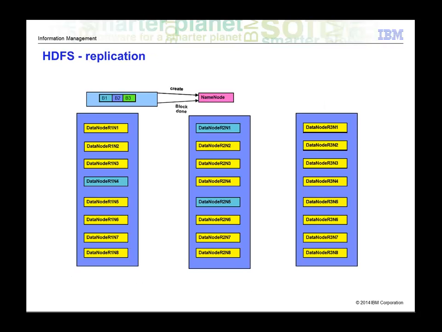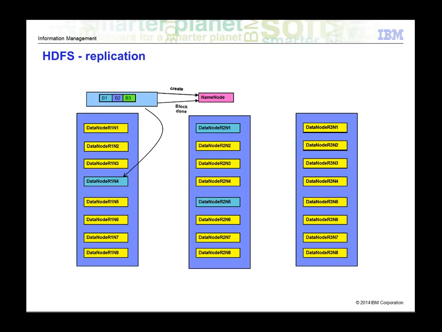Let's walk through an example of how a file gets written to HDFS. First, the client submits a create request to the name node. The name node checks that the file does not already exist and that the client has permission to write the file. If that succeeds, the name node determines the data node to where the first block is to be written.